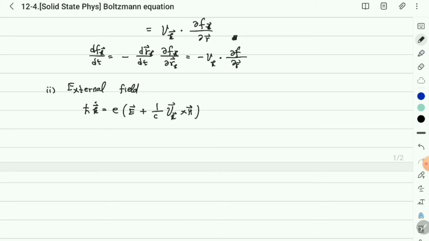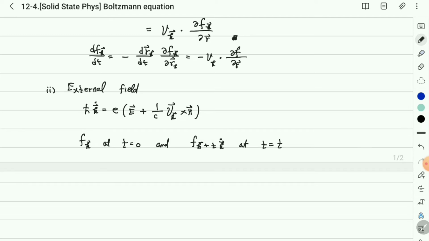1 over c is in the CGS unit, and in the MKS unit, c equals 1. Here c is the speed of light. And here, let's consider f_k at time t equal to 0, and f_k plus τ_k-dot at t not equal to 0, at finite temperature.